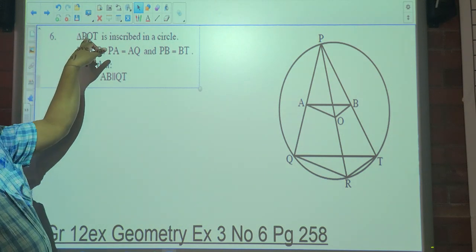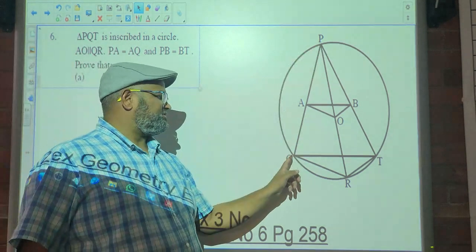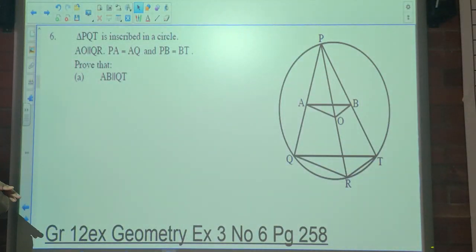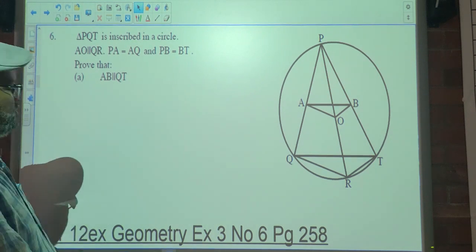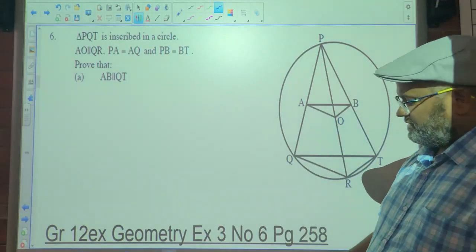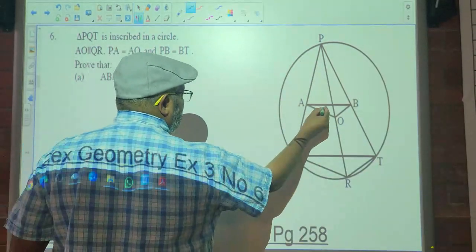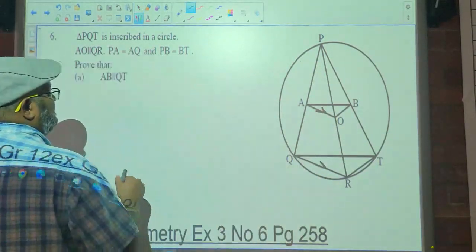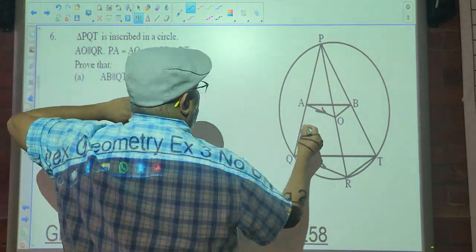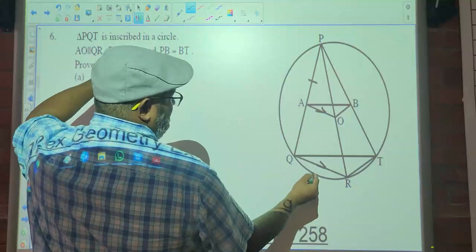It's in the circle with the vertices PQR touching the circumference of the circle. Then we are told that OA is parallel to QR. Then we are told that AP is equal to AQ.